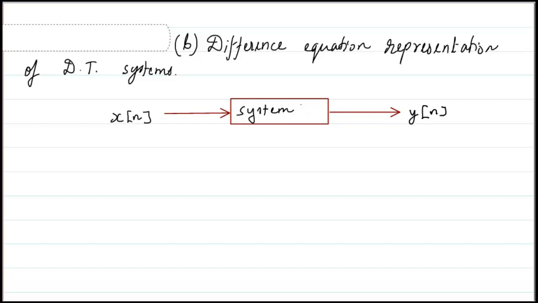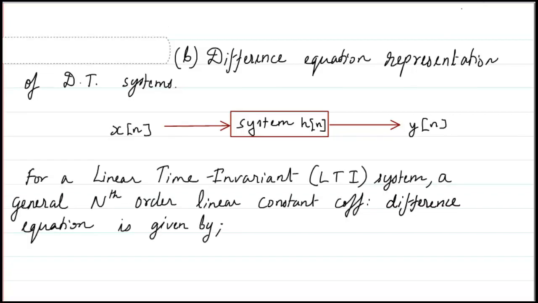Other than that, the system can also be represented as h of n, but h of n will not come into play. And just like we said in the case of the differential equation for a continuous time system, here also for representing the system we will have a difference equation.